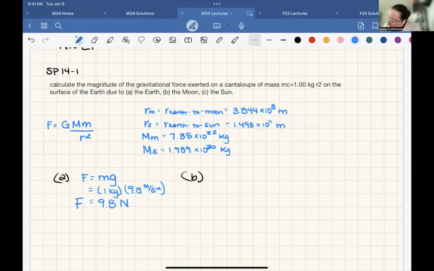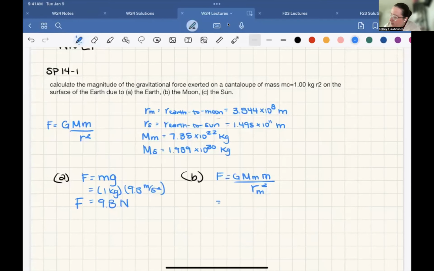And then we want the force by the moon. The radius here in this one is the distance from the Earth to the moon. And then I have the mass of the moon. So G M_M, that's a subscript, and then little m over R_M squared.